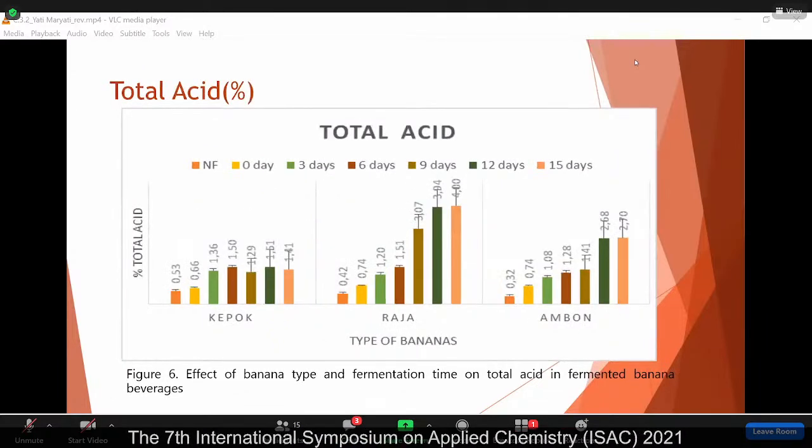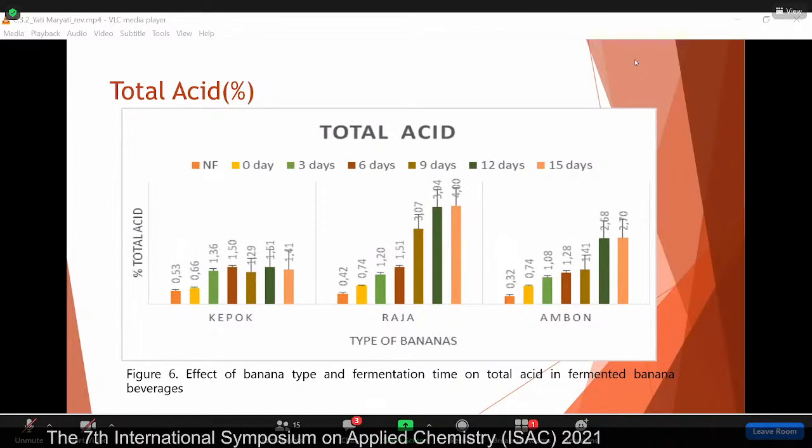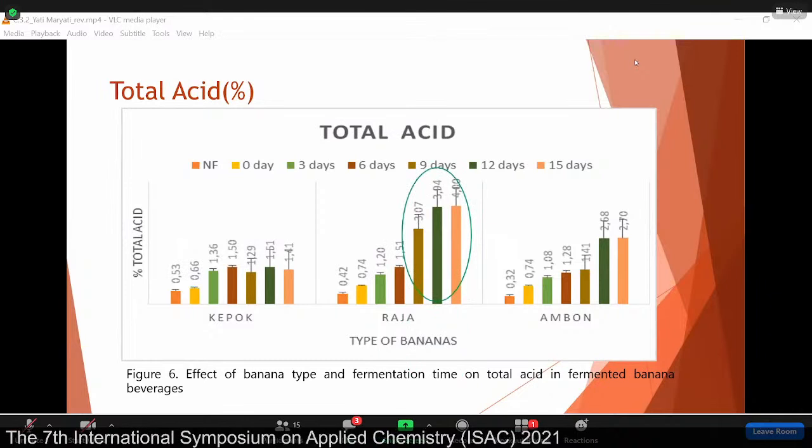For the total acid level in this banana fermented beverage, the data showed that the highest total acid value was obtained in Raja bananas, followed by Ambon bananas and Kepok bananas.